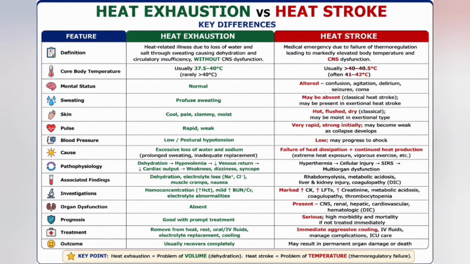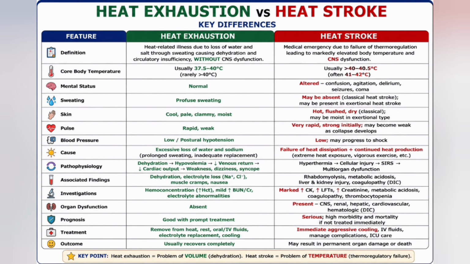The mental status is normal in heat exhaustion, while it is altered in heat stroke. There may be confusion, agitation, delirium, seizures and coma. Sweating, there is profuse sweating in heat exhaustion, while there is anhydrosis in heat stroke. The only exception is the exertional heat stroke where there may be sweating.